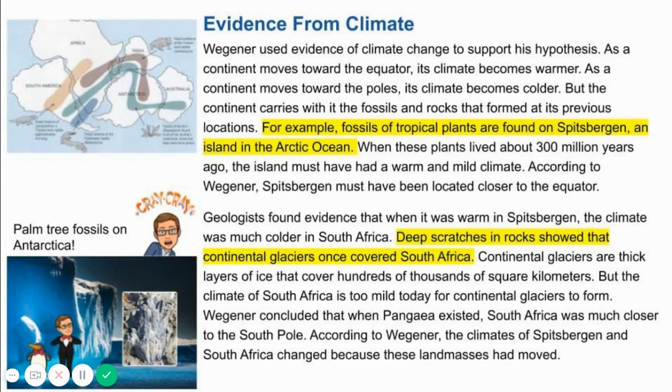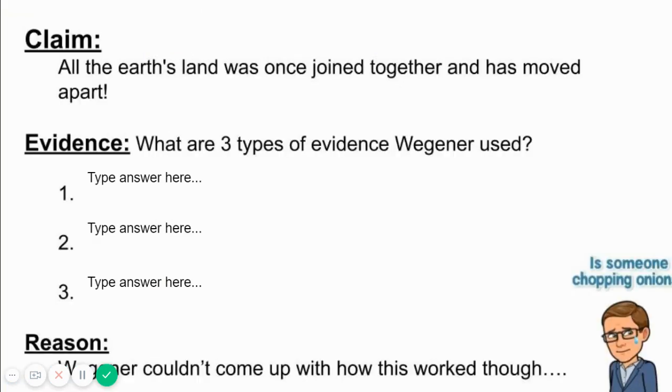Wagner concluded that when Pangaea existed, South Africa was much closer to the South Pole. According to Wagner, the climates of Spitsbergen and South Africa changed because these land masses had moved. His claim is that all the Earth's land was once joined together and has moved apart.